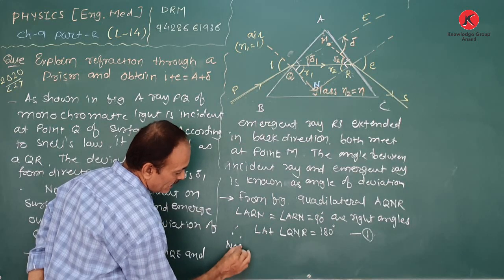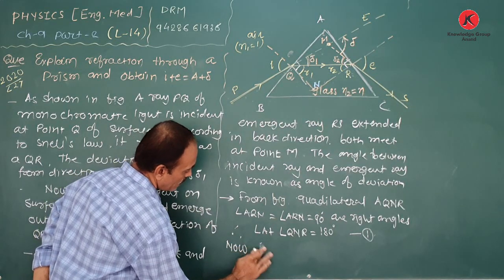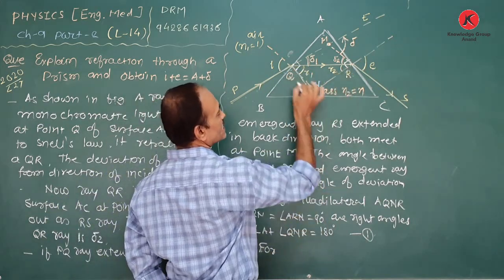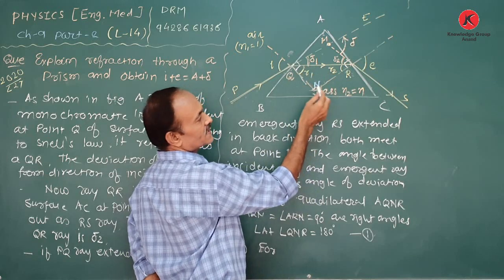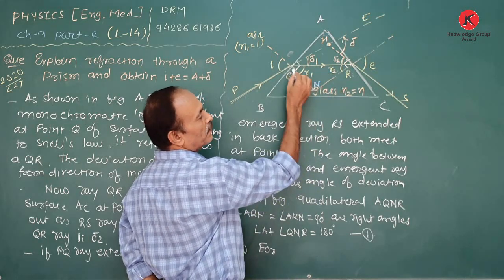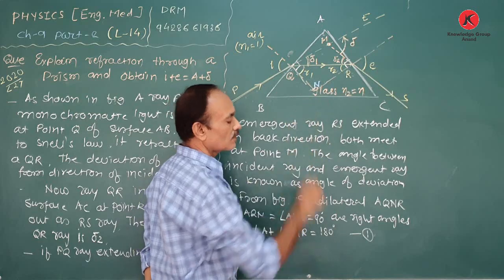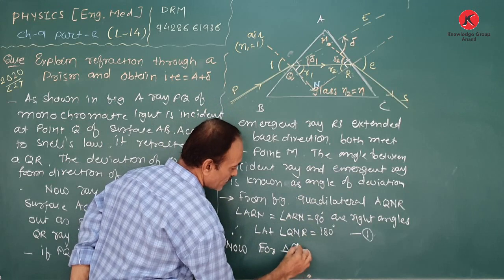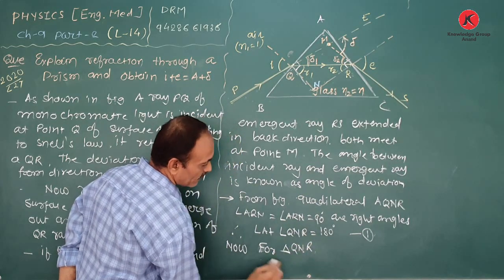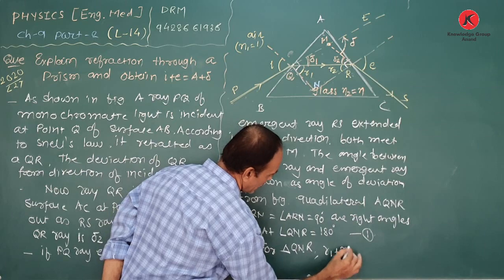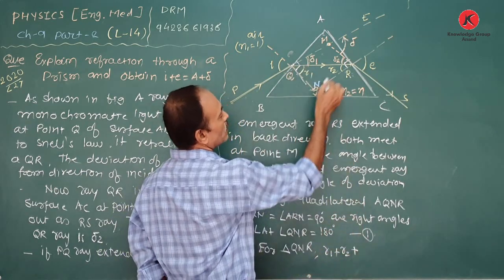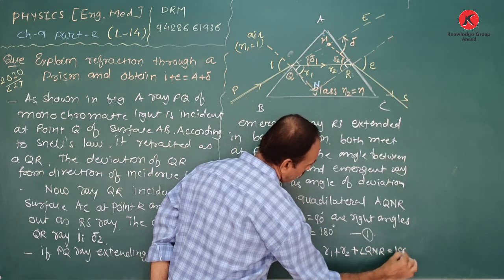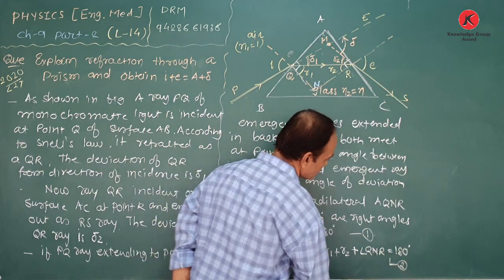Now, for triangle QNR, the addition of r1 plus r2 plus angle QNR is also 180 degrees. That is our equation number 2.